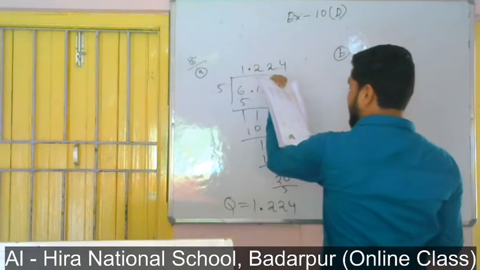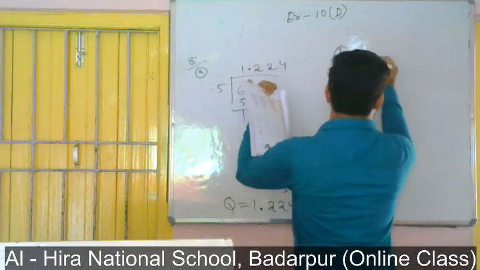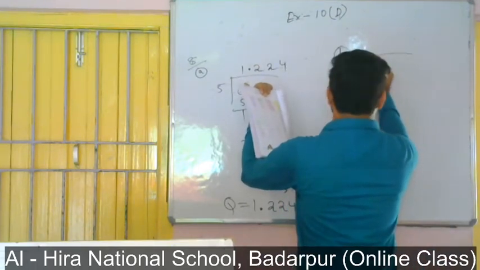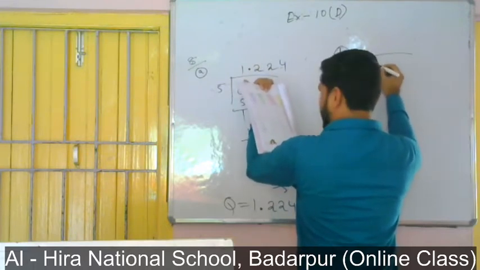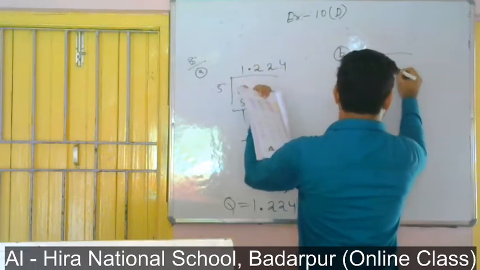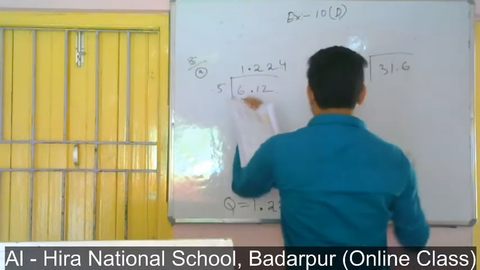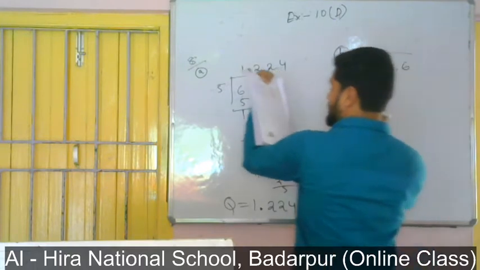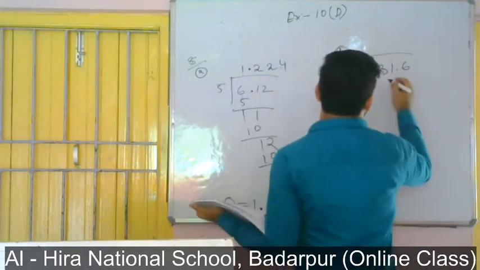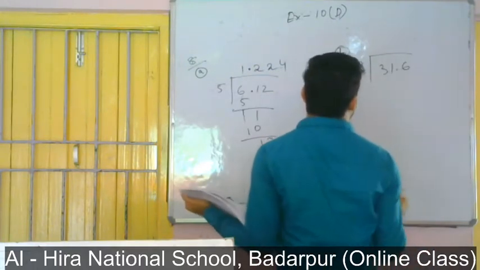Now come to 8b. 8b, you see, 8 divided by what? 31.6. So 8 4s are 32.